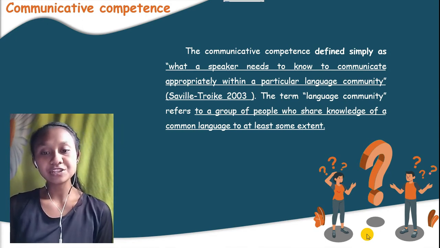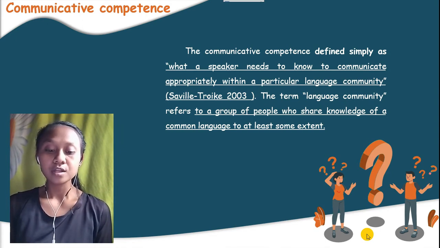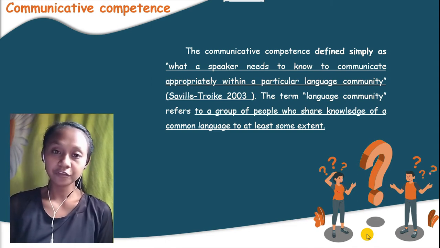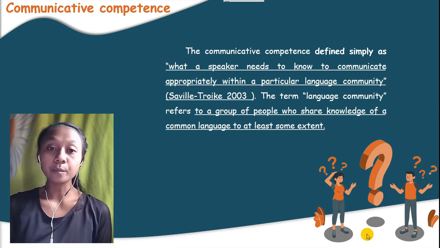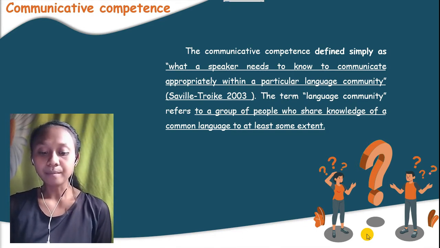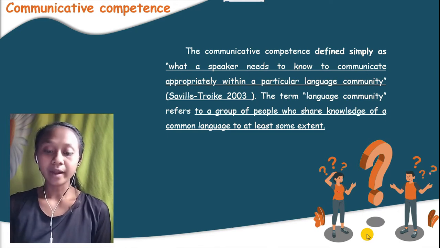Forms a teacher can use to evaluate learners' competence include information gap and role play activities for speaking, letters for writing, and note taking and summarizing, which combine listening and writing competence.